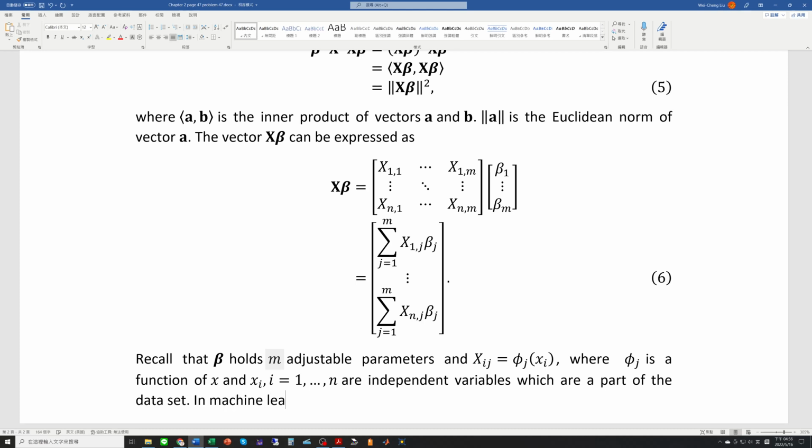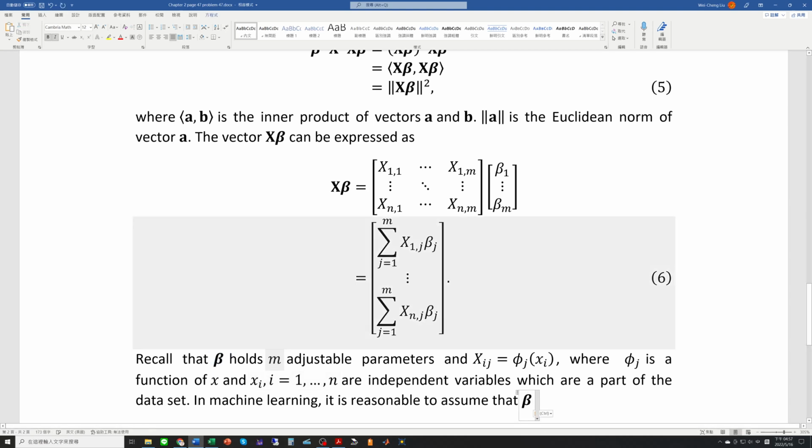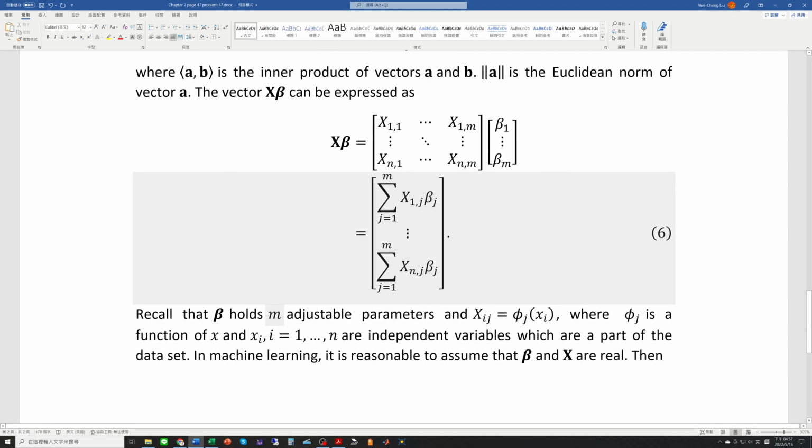In machine learning, it is reasonable to assume that beta and x are real.